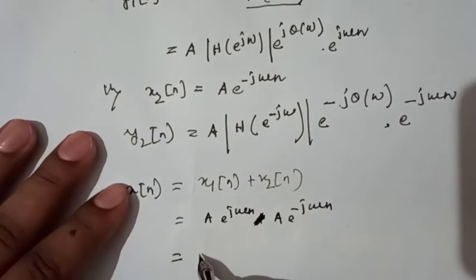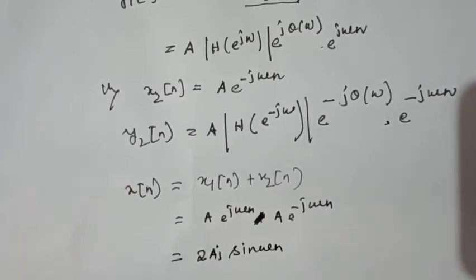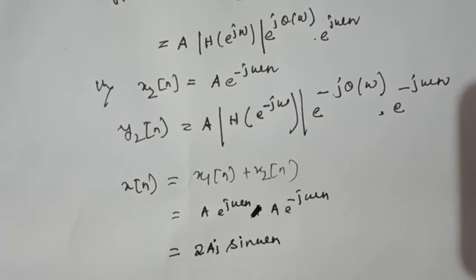Then it will be twice a j sine of omega n, because sine of omega n is e to the power j omega n minus e to the power minus j omega n divided by twice j. So it will be twice a j sine of omega n.